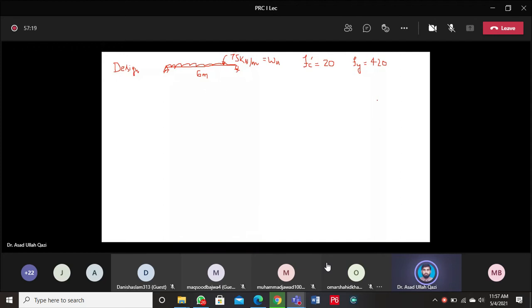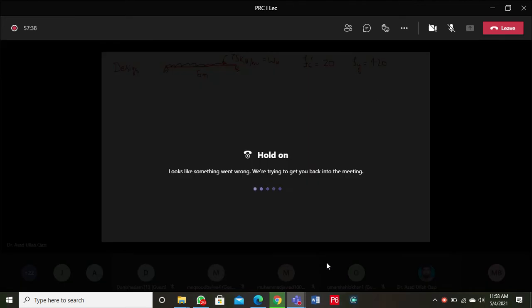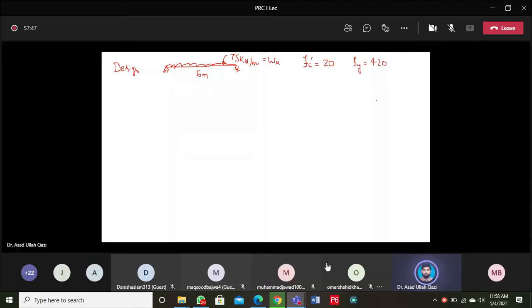that you have to design this beam for grade 20 and 420. So I'm asking you to design this beam.